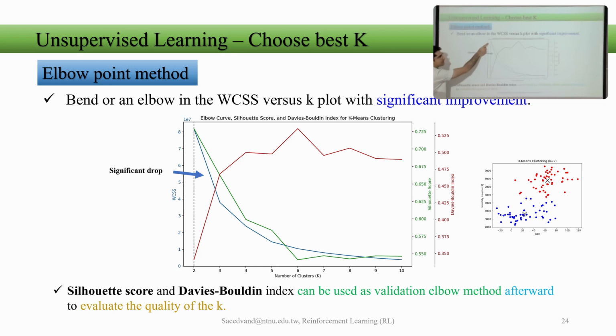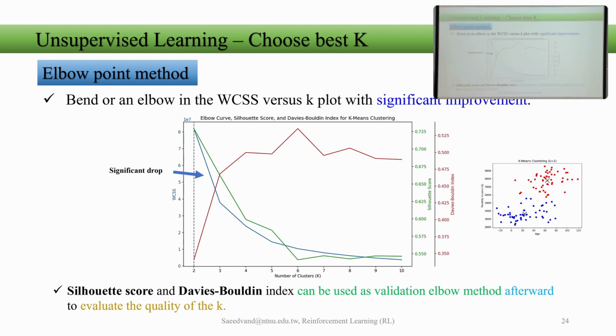And if you look at this starting point, the decrease amount is higher than the other ones. All of them are decreasing, right? From 2 to 3, 3 to 4, 4 to 5, all are decreasing. But the amount of decrease is maximum in the 2 to 3. Then 2 determines the best case for me with the elbow point method.